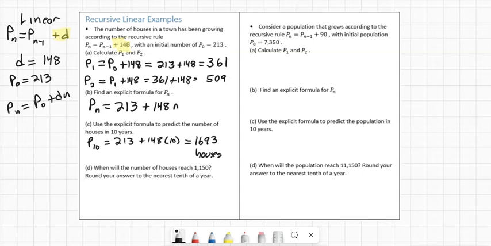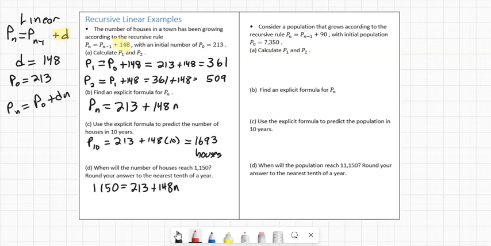Finally, when will the number of houses reach 1,150? So this 1,150 is not P sub 0, it's not n, it's P sub n. So we plug in 1,150 for P sub n, and you get the equation 1,150 equals 213 plus 148n.